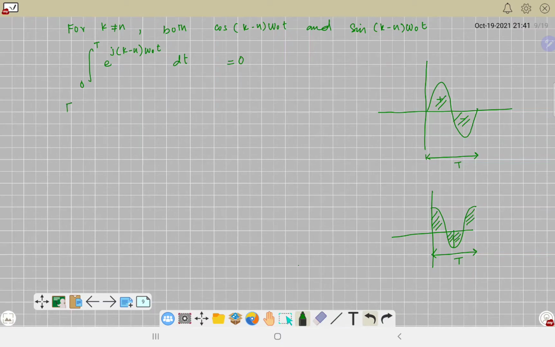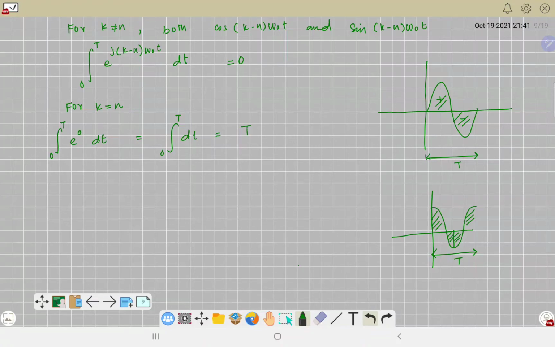However, for k equivalent to n, now if k is equivalent to n, then your integral will be simply e raised to the power 0 dt, fine, which is the integral from 0 to T of dt, which obviously is T, right?